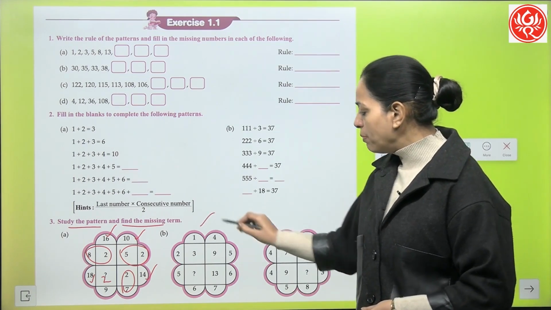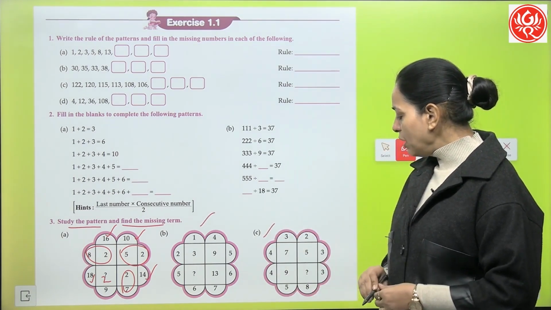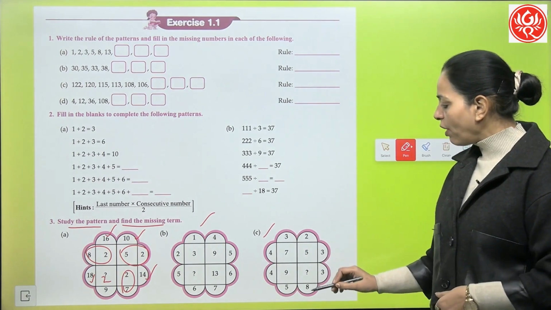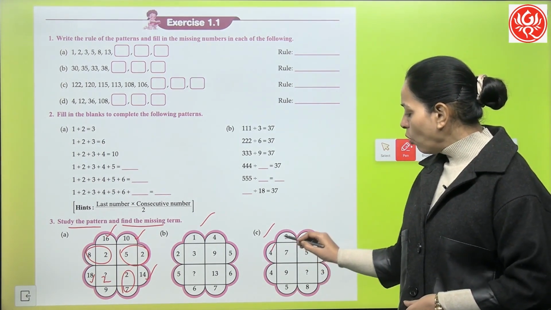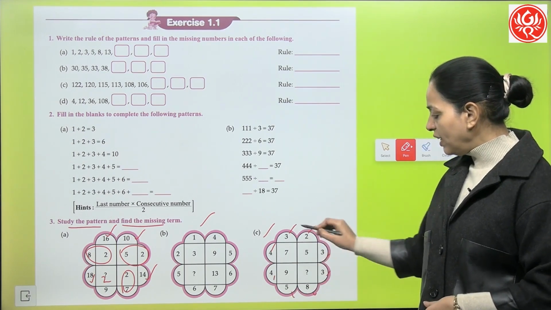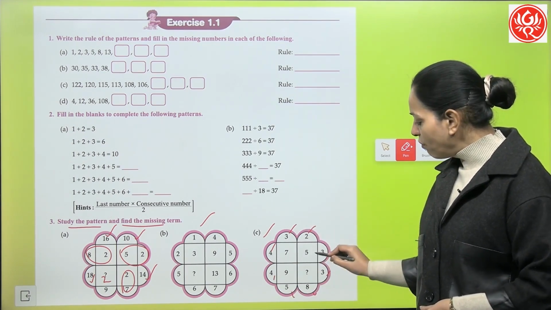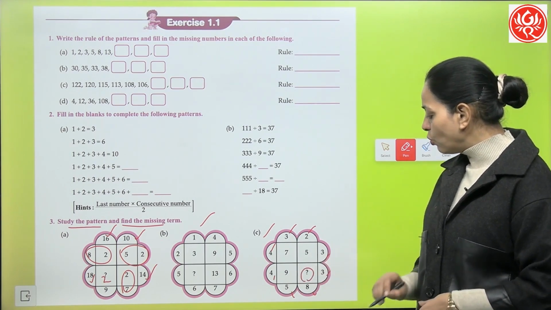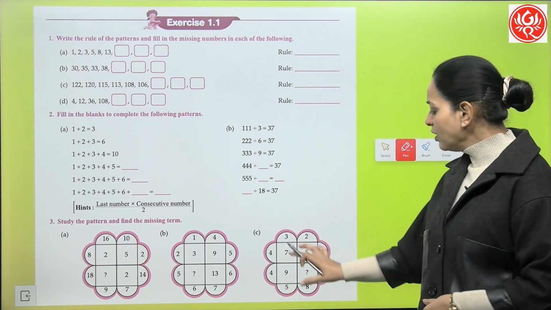Similarly, you can try B part. Then you have C part. Let's try this one. So here 4, 3, 2, 3, 3, 8, 5, 4 in semicircles and 7, 5, 9 and this we don't know. These are in a square.